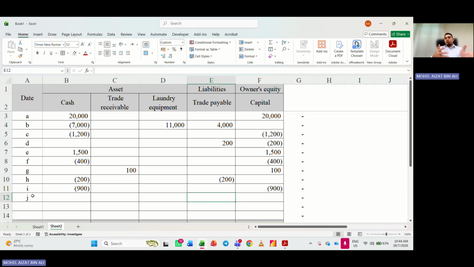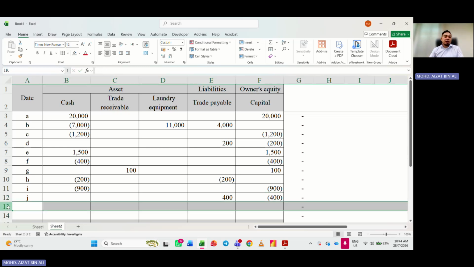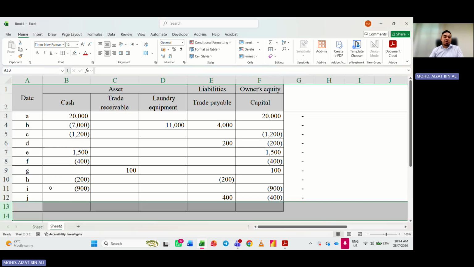Before this, this 400 ringgit is not in our account, so now we have to record it. We have to add to our trade payable. And because this is a payment of expenses, expenses reduce owner's equity, so it should be minus 400 ringgit. Okay, so that's it for this question.